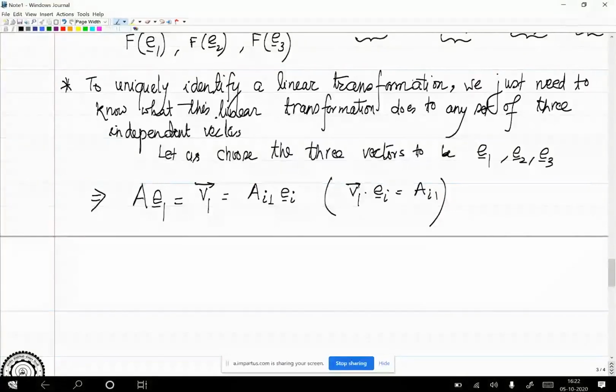So we know what is AE1, we know what is AE2, and we know what is AE3. They are V1, V2, V3. They are three vectors. And we are just trying to write those three vectors in terms of their components along E1, E2, E3. Okay, sir, I got it. We are basically breaking V1 into the three components. Yes, exactly. And those three components are A11, A21, and A31.